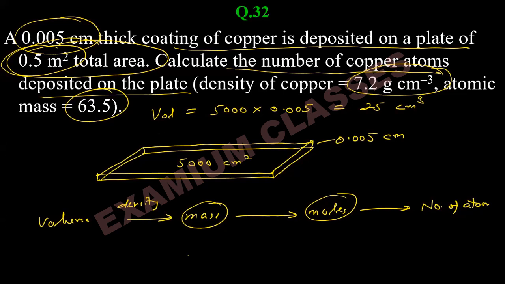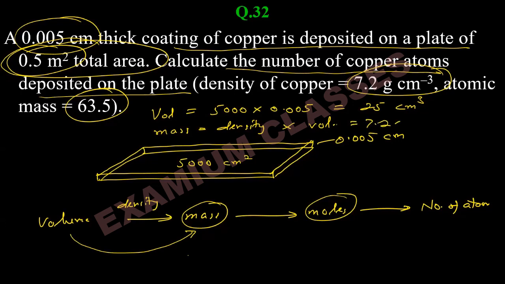From here you can apply the formula density is equal to mass over volume. From there you get mass equals density into volume. We are calculating mass from volume.